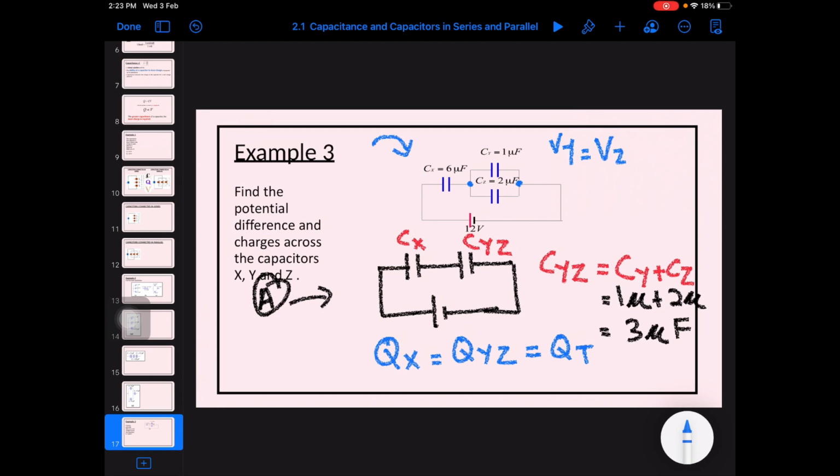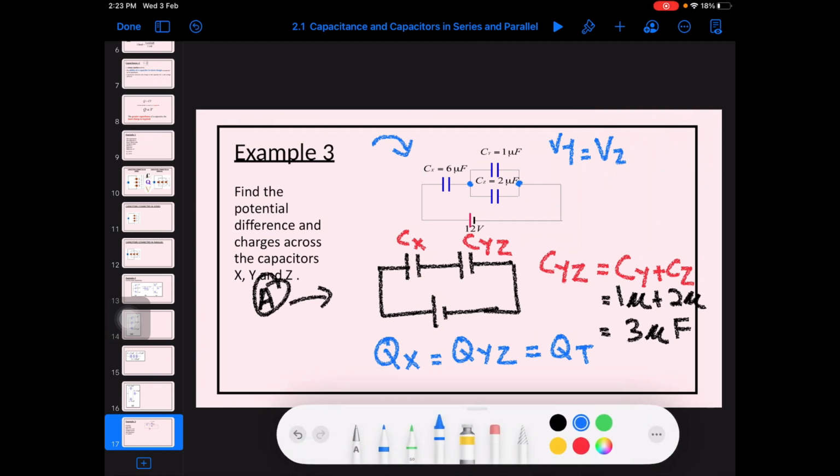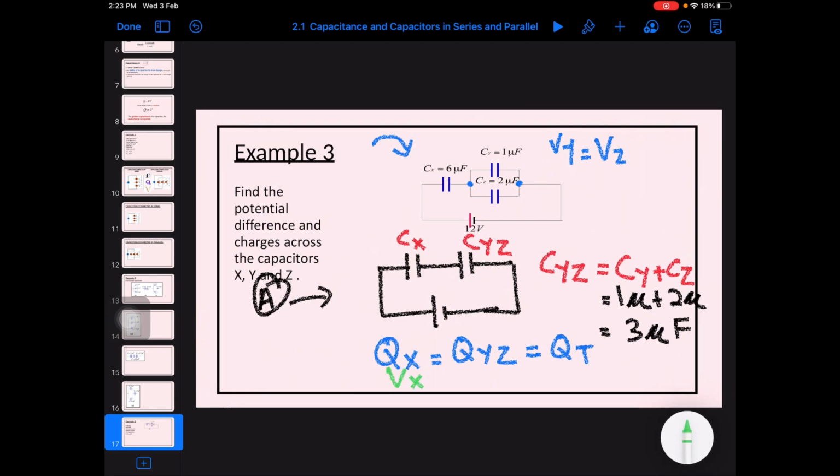And how about V? Vx plus Vyz will be equal to V. Next, we find the C total first.